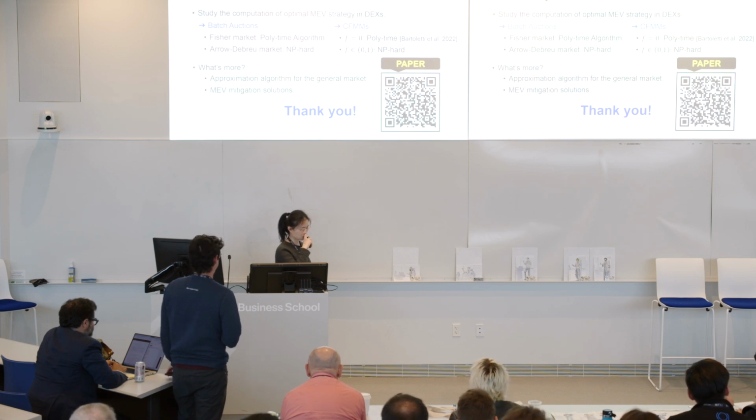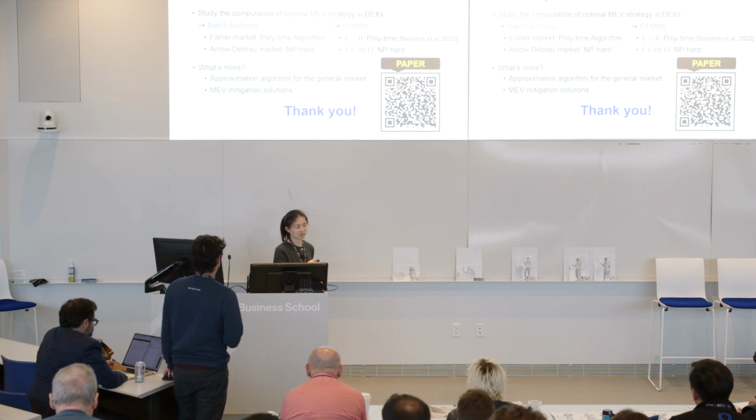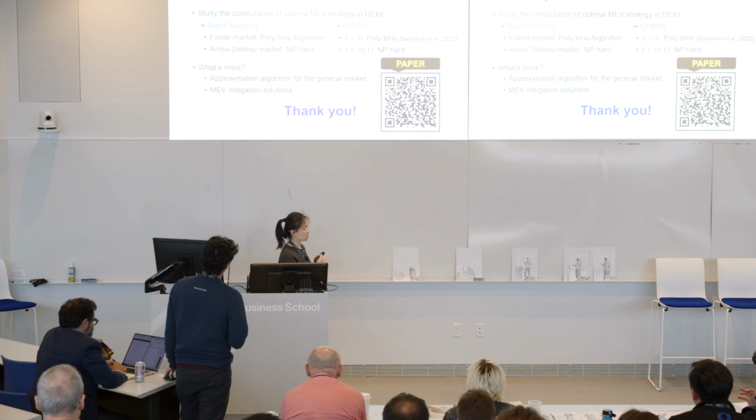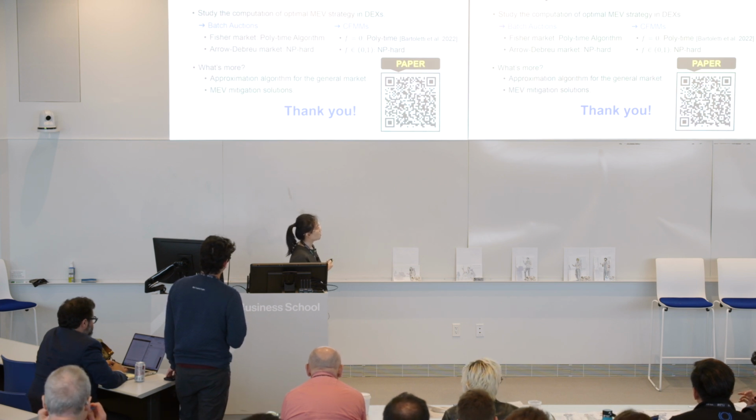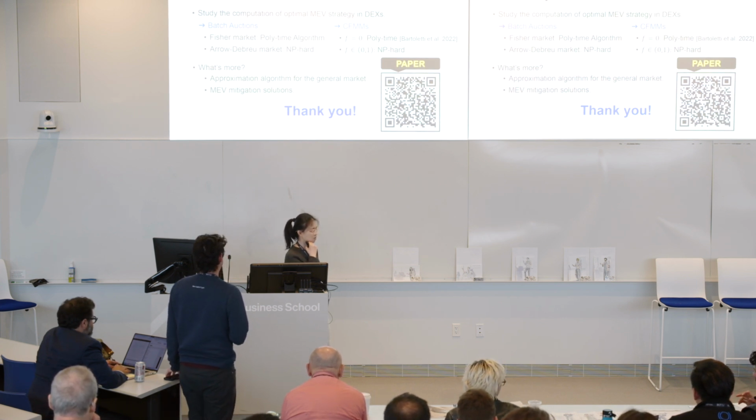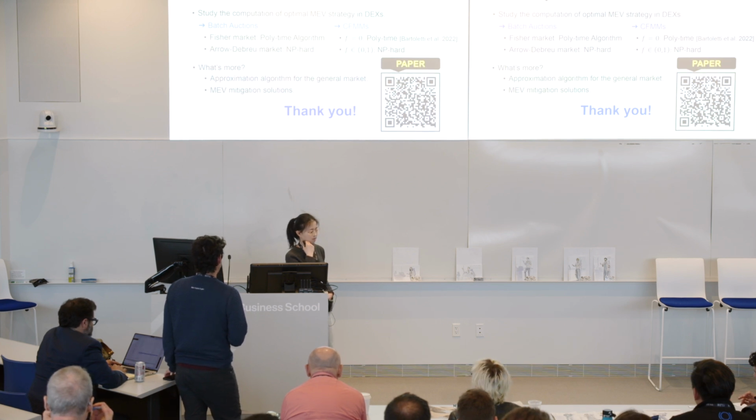For future work, a natural question is to study approximation algorithms for the general market. Further, knowing that this may be possible in batch auctions, how to mitigate this problem is very urgent. I think maybe a natural solution is to adopt the commit and reveal scheme, right?